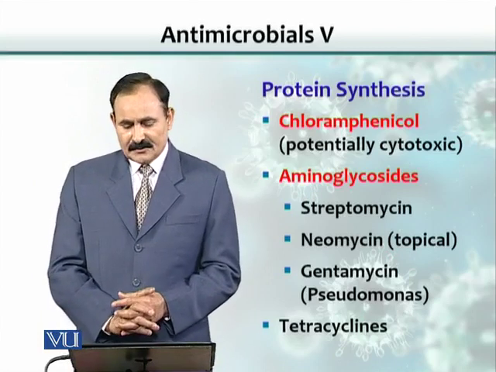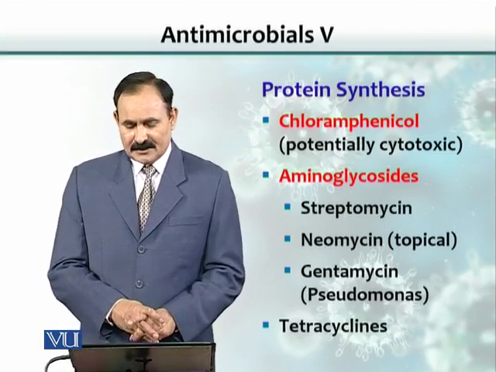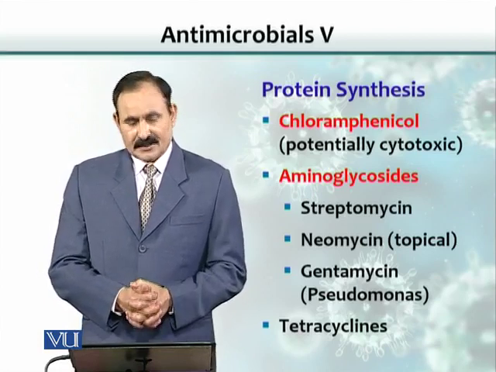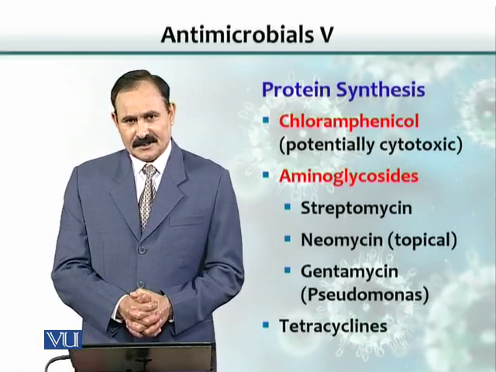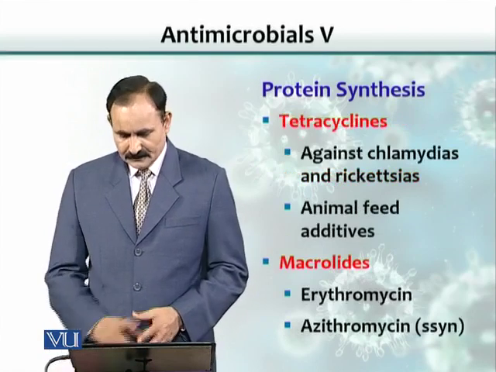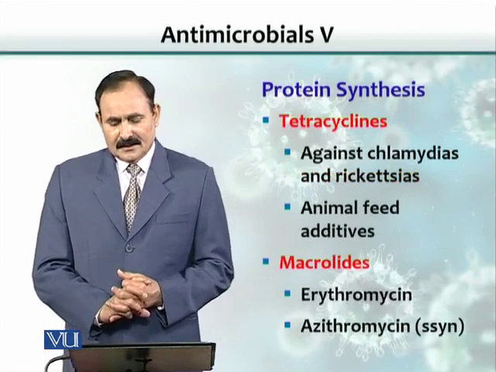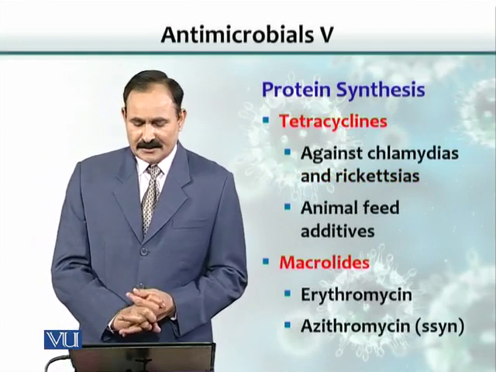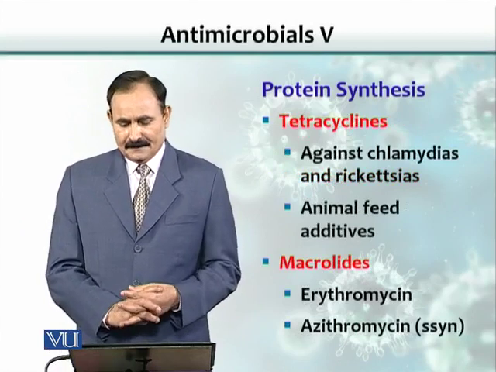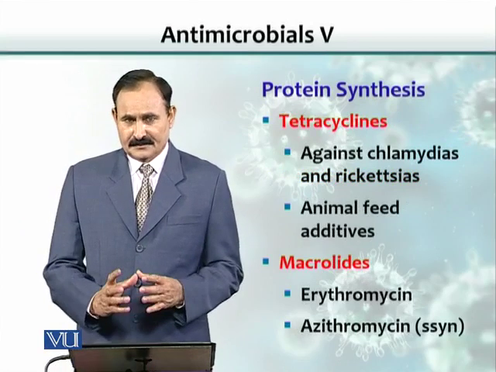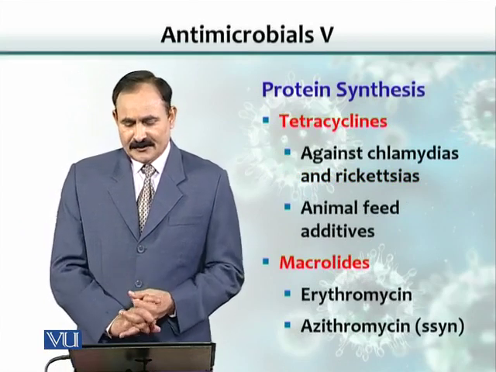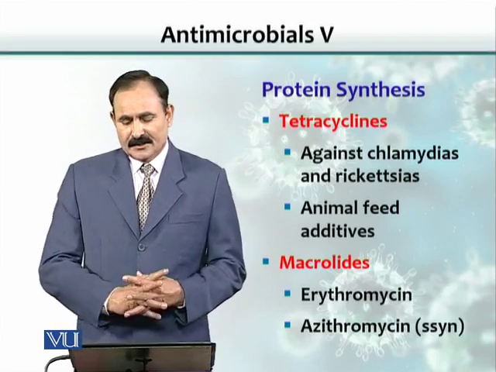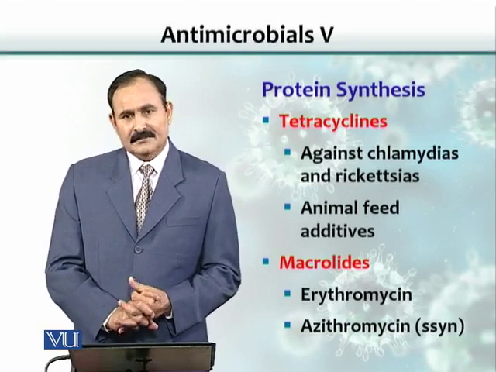Aminoglycosides, examples include streptomycin, neomycin, gentamicin, and there is another protein synthesis inhibitor, tetracycline. Very commonly used, tetracyclines. Tetracyclines can be used not only against typical bacteria, but their use could be extended against rickettsias and chlamydias.